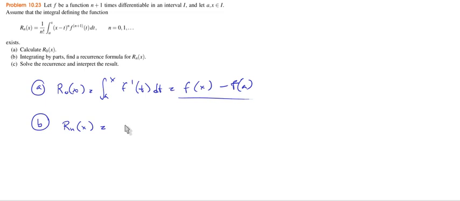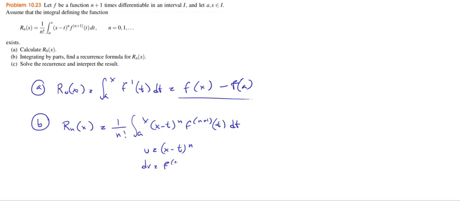So let's see. u is (x minus t) to the n, and dv is going to be the (n plus 1)th derivative of t dt. Now du is n times (x minus t) to the n minus 1, and v is the nth derivative of t.